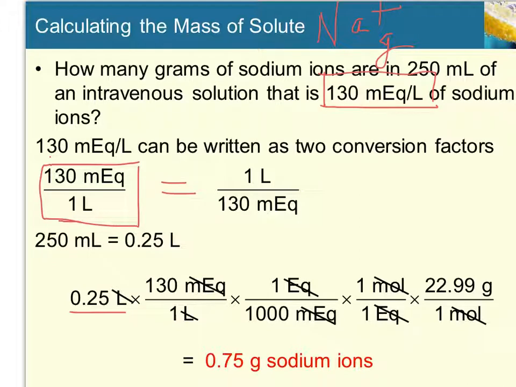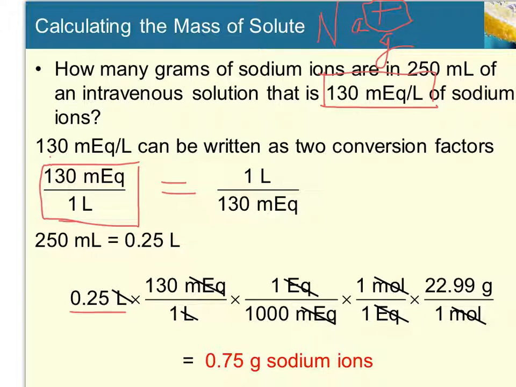So now I have 130 milliequivalents. Well, I got to get rid of that milli. We know that 1,000 milliequivalents is 1 equivalent. We talked about that earlier. And I've got a +1 charge here. So I know that 1 mole equals 1 equivalent.